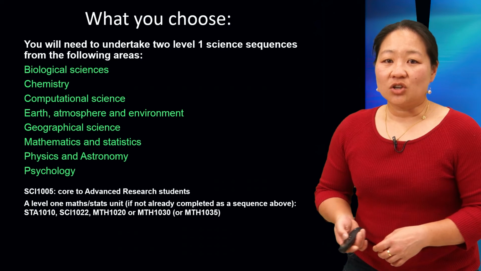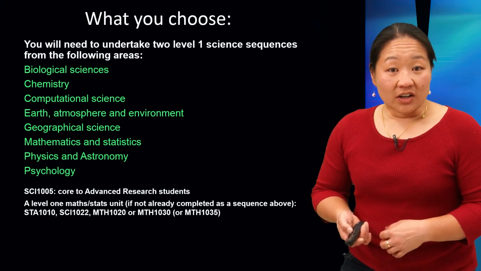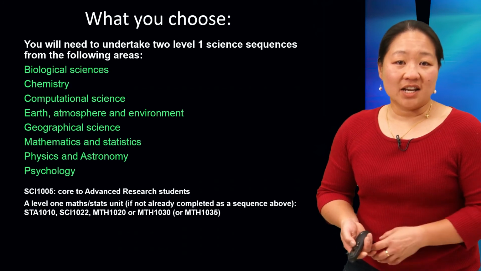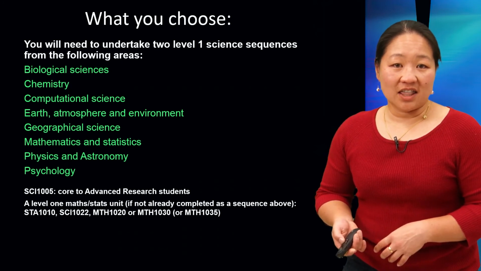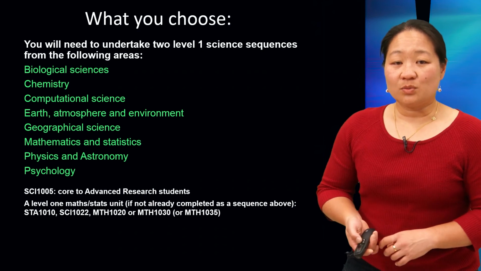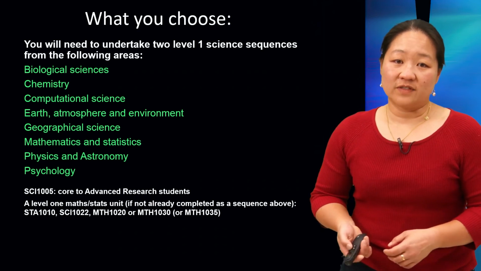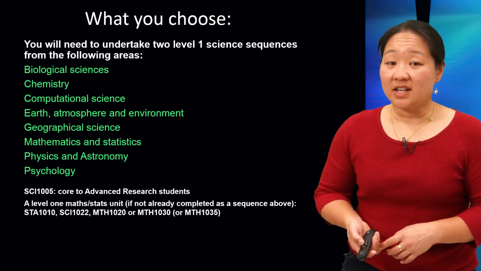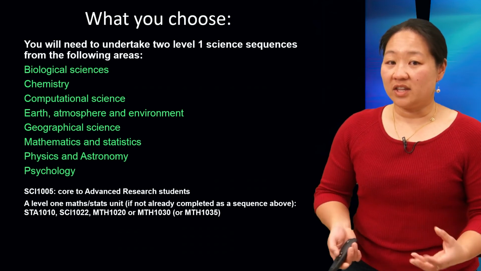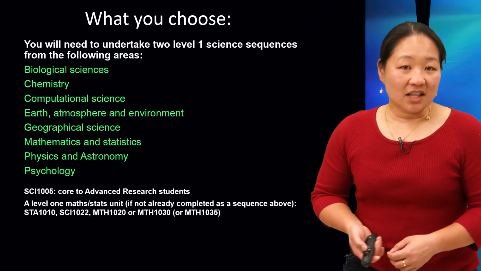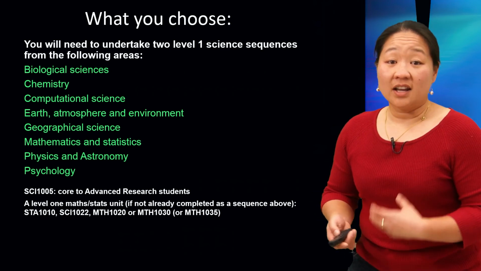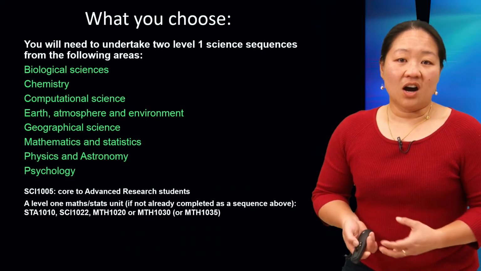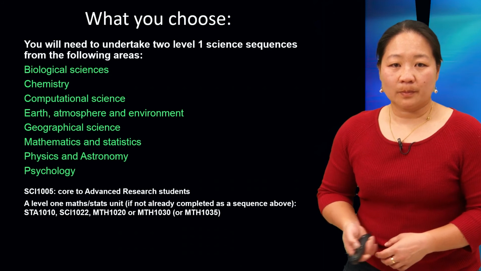SCI 1022, Introduction to Scientific Coding, is a coding unit, and the Mathematical Methods units, MTH 1020 and MTH 1030, are recommended for students with an interest in mathematics or physics. MTH 1020 requires students to have studied VCE maths methods or the equivalent. MTH 1030 requires students to have studied VCE specialist mathematics with a score of 30 or higher or the equivalent.